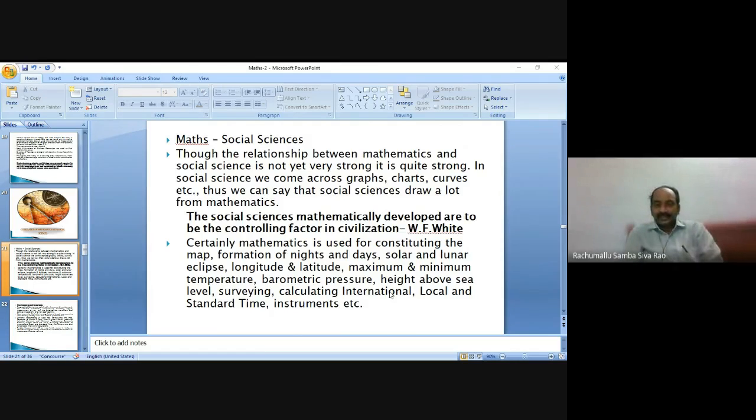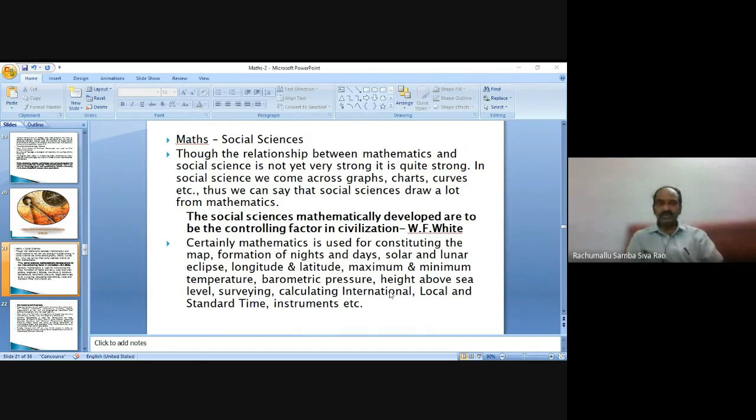But the correlation is there, though not as strong as with science. Still, quite a strong correlation is there between maths and social science. Without application of some fundamental mathematical concepts, we cannot understand social sciences.